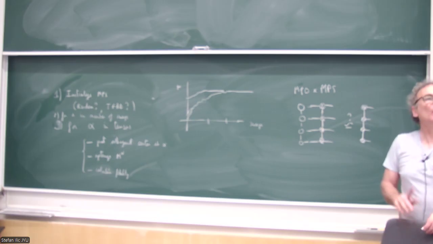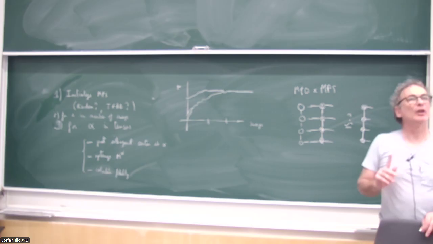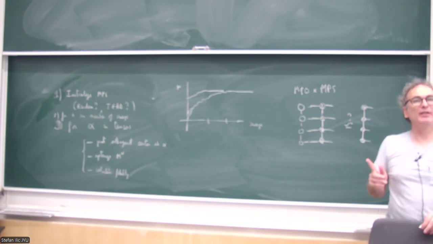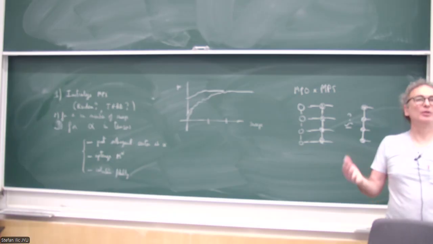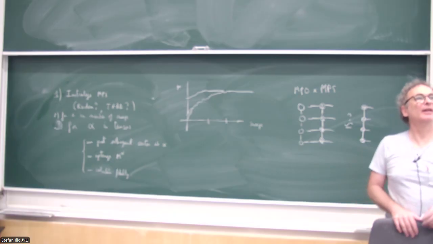Okay? If you remember when we saw the zip-up algorithm to do MPO-MPS, we were doing everything with QR. You can just look at this algorithm again and replace QR by SVD, and you can truncate.